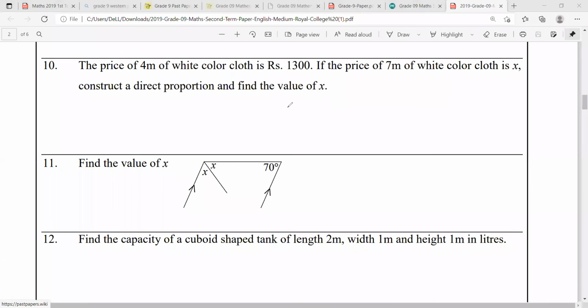This is the 10th question. The price of 4 meters of white color cloth is 1,300.